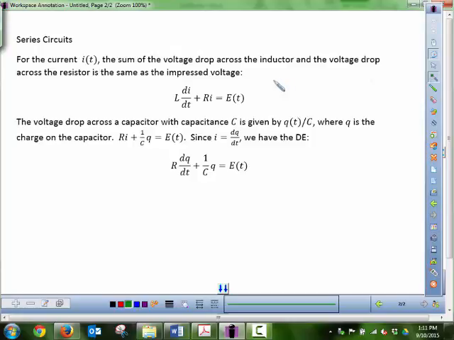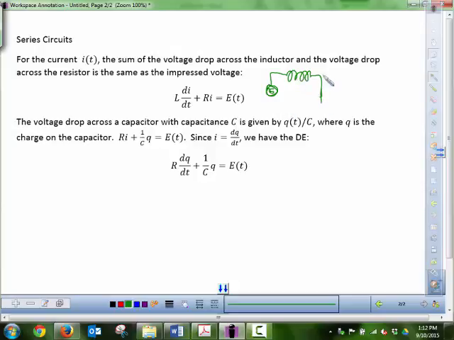So I think the drawing that they had was an electrical circuit that looks like this. E is the voltage that you have going around the circuit, and then this particular one goes through an inductor.